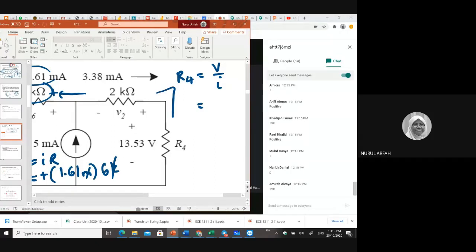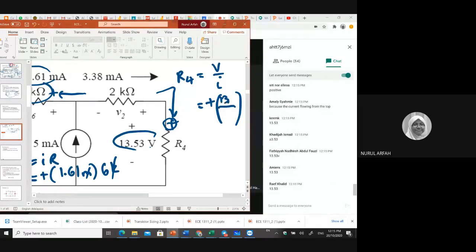Because current is flowing through this, and then you have a positive because of this, okay? And then what is the voltage? Voltage is this, yes, good. So you have 13.53 and then you have the current value of this, yes, good.